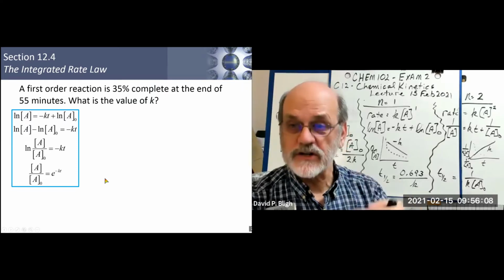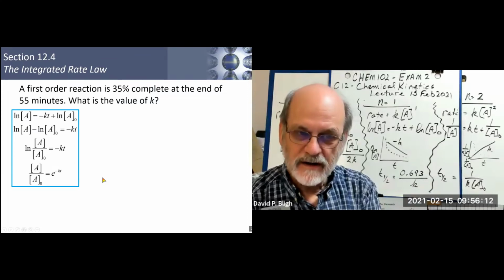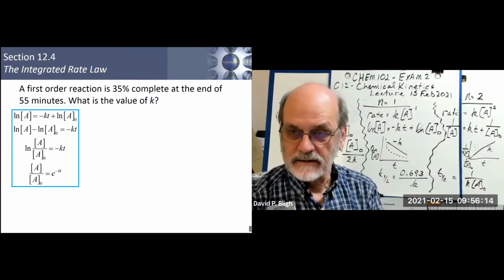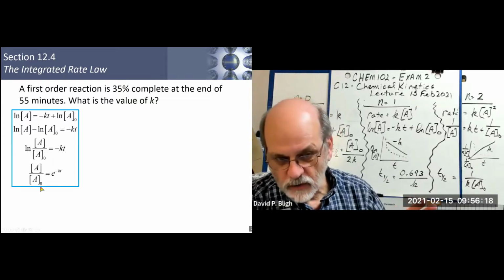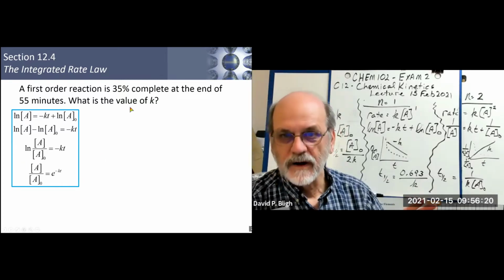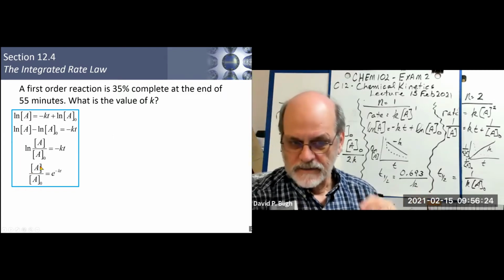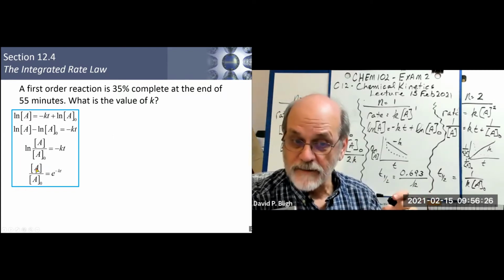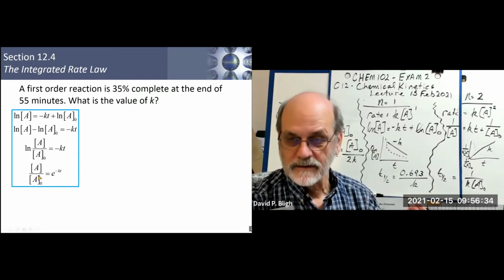The concentration of A now, because 35% of it is gone, is 65%, or 0.65 of this ratio right here. This ratio is the concentration now after 55 minutes. This is the initial concentration. And you've got 65% left, which is a ratio of 0.65.